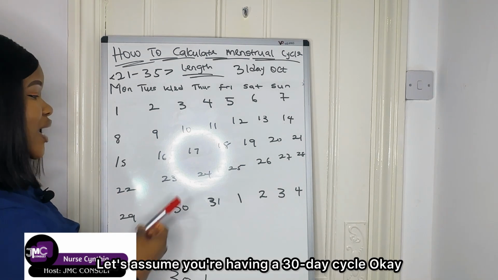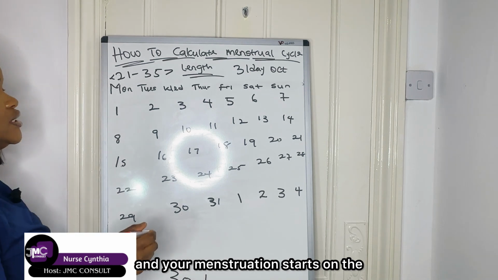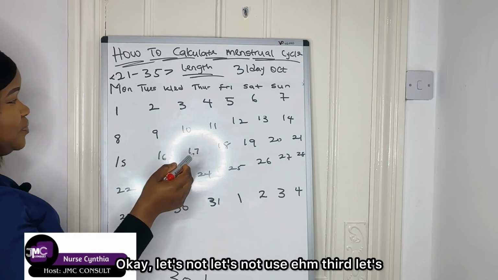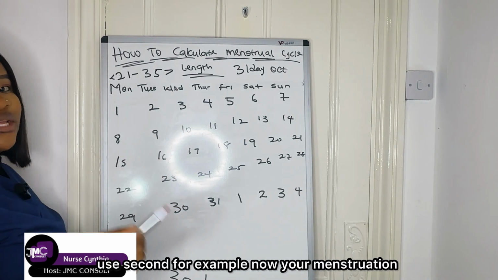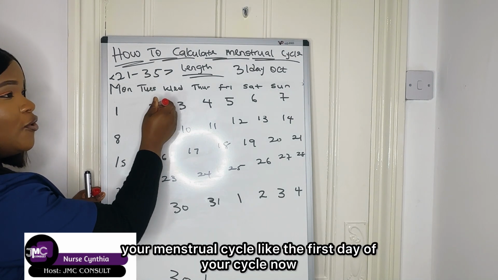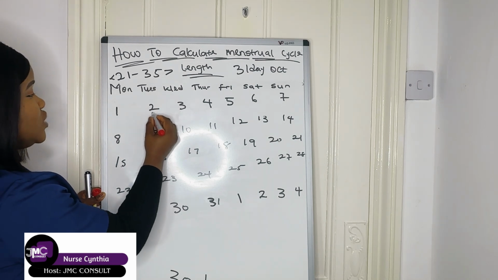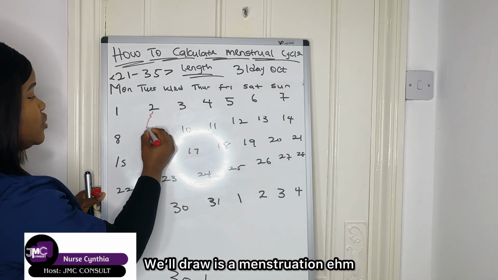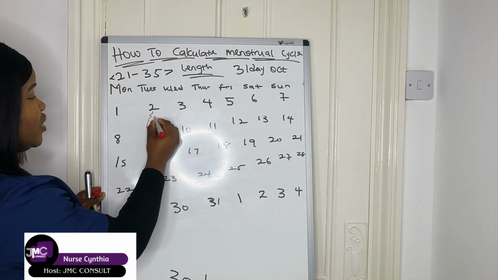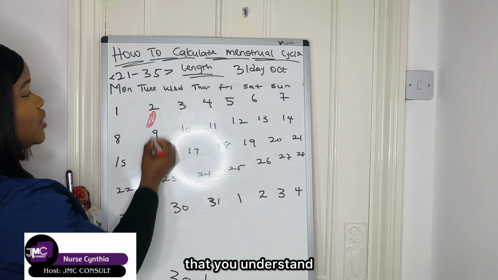Let's assume you're having a 30-day cycle, and your menstruation starts on, let's not use the 3rd, let's use the 2nd for example. Now your menstruation starts on the 2nd, and this 2nd is the first day of your menstrual cycle. Now we'll draw a menstruation illustration. Let's just assume this is when your menstruation started, so that you understand what I'm talking about.